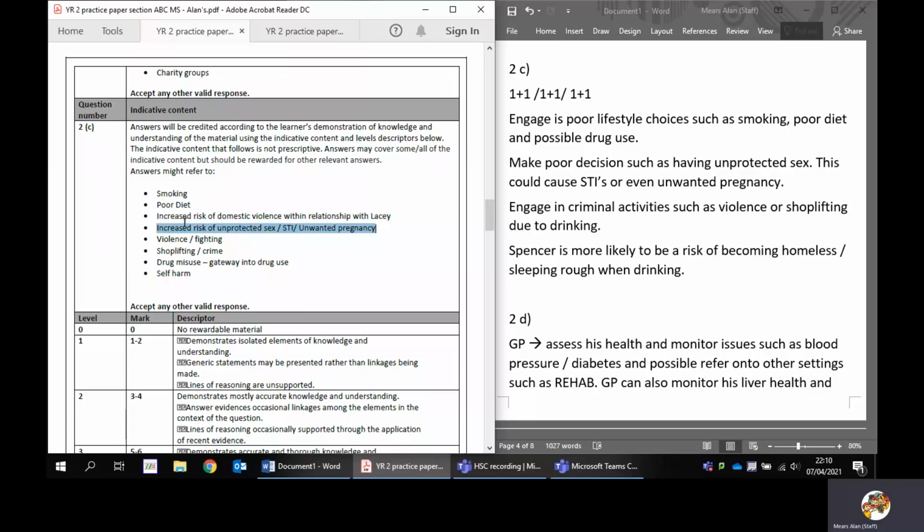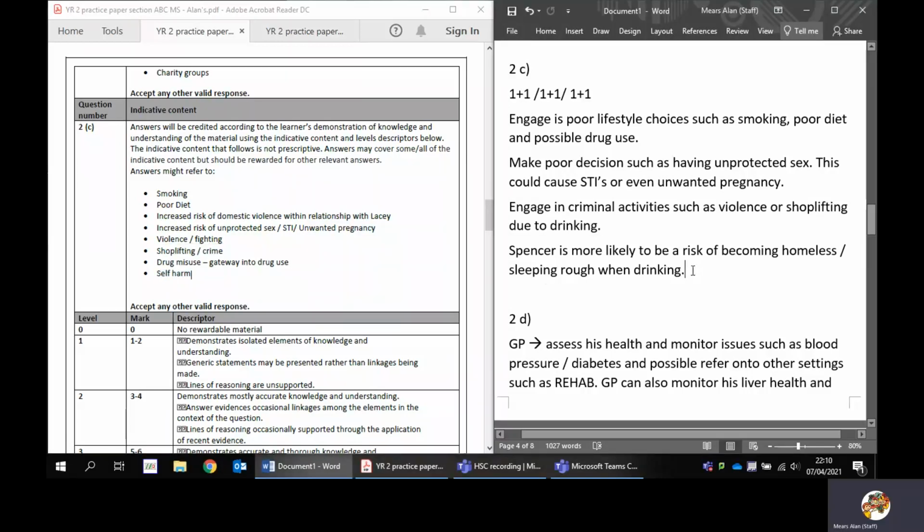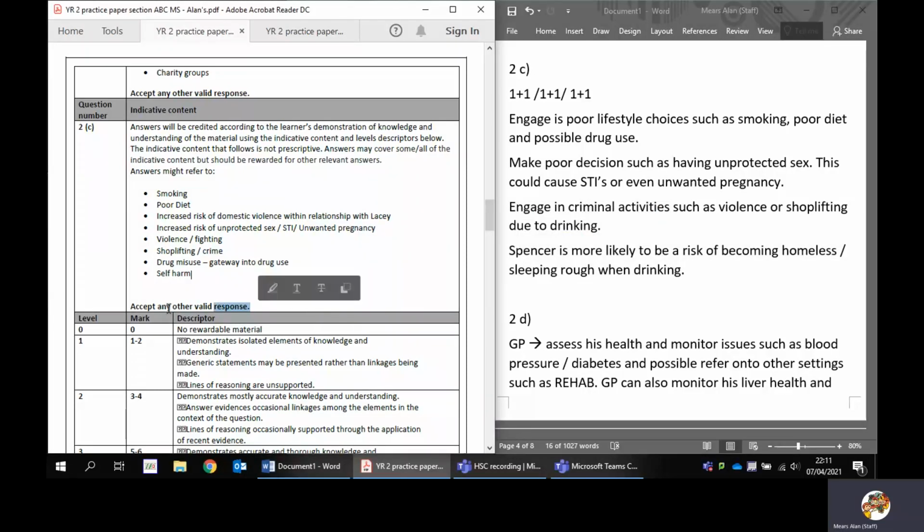So yeah, STIs, unwanted pregnancy. We didn't cover domestic violence. That's a risk. We've got violence and shoplifting, so we've covered that under crime. Self-harm, yeah, we could have talked about mental health. Again, the risk of sleeping rough, becoming homeless, isn't on the list, but again, would be a valid response.